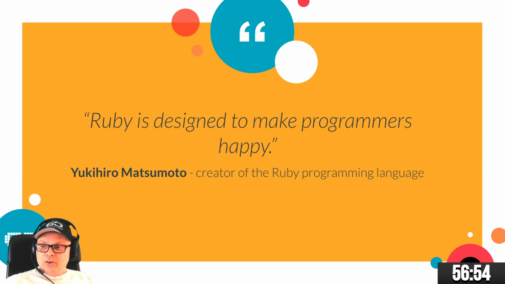Now, Yukihiro Matsumoto is the creator of the Ruby programming language. We refer to him as Matz. There's a quote from him here saying that Ruby is designed to make programmers happy. And that really resonated well with me after coming from lower level languages like C, C# and Java, where I was everything but happy while I was coding in those languages.